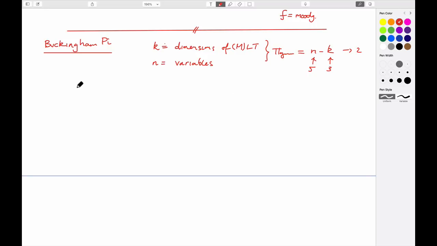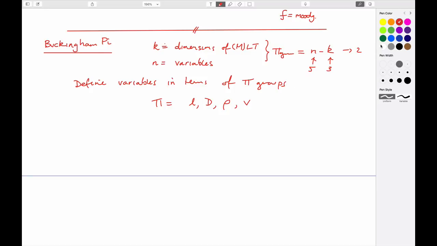And then the process is define the variables in terms of the pi groups. And in the pi groups, you typically have a pi group that is some function of, length, diameter, density, and velocity, say.